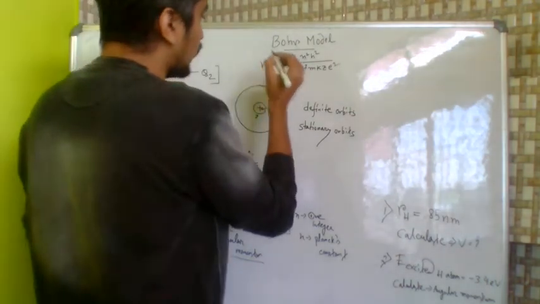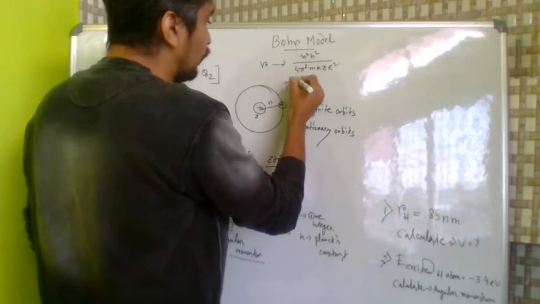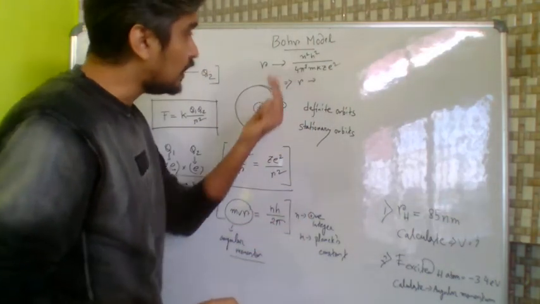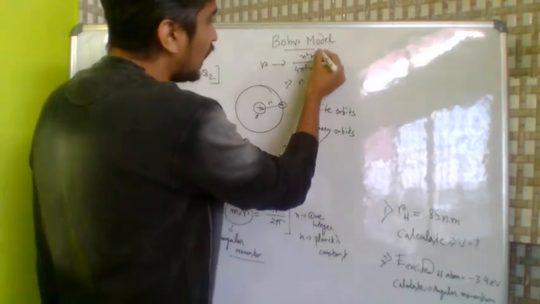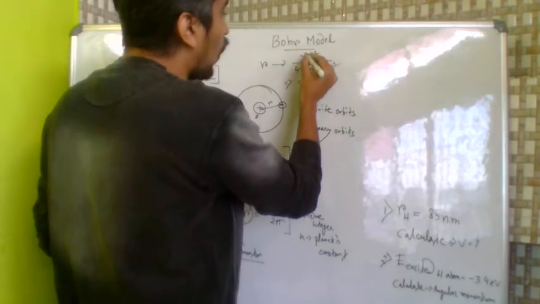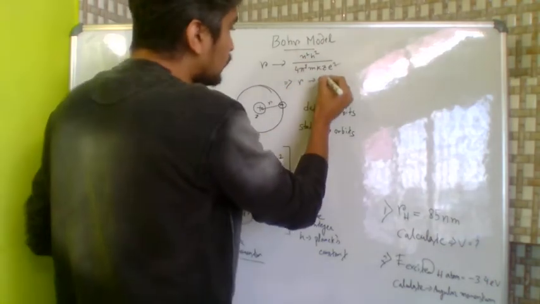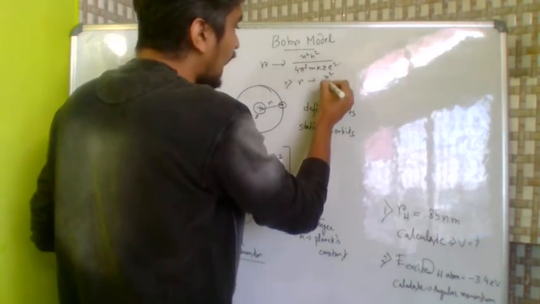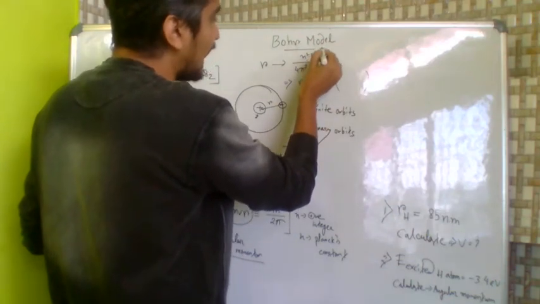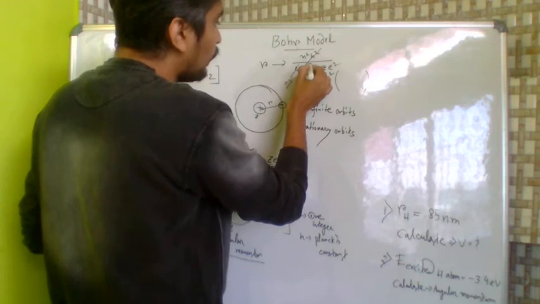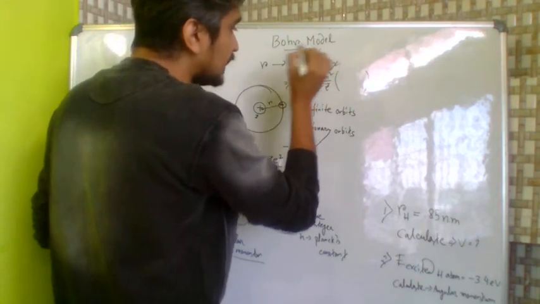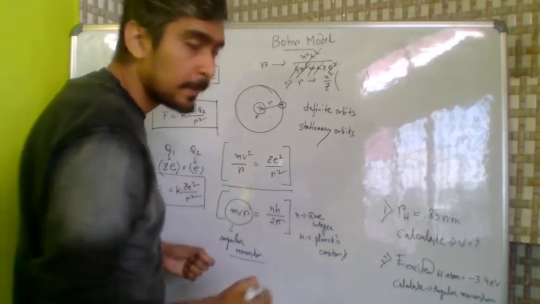From here we can see that there are two variables, n square and Z, and all the other quantities like h, 4, pi, m, k, e are constants.